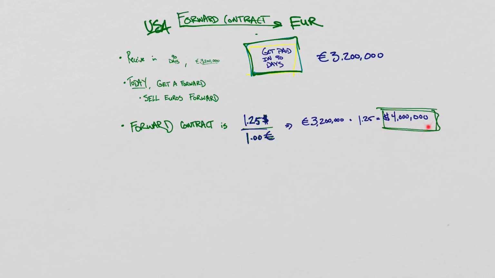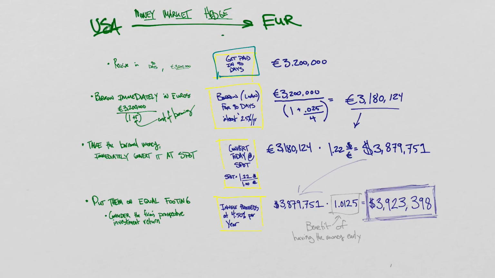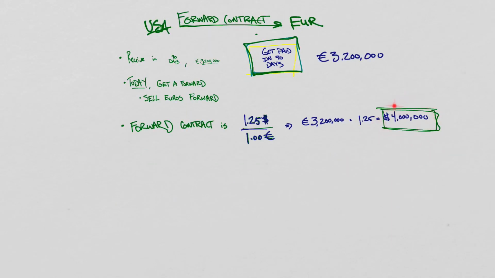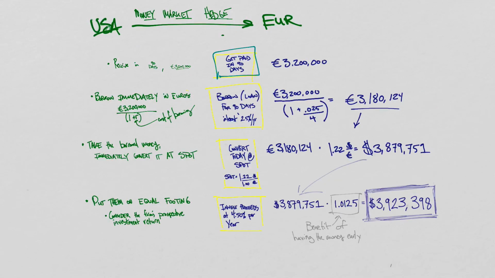But that's not really an apples-to-apples comparison, because this is received today, and this is received 90 days from now. And so to consider the cost of capital, or the benefit of having this money 90 days earlier, we scaled that amount received today up by the investment proceeds, the rate of return we could get on this money for the next 90 days.